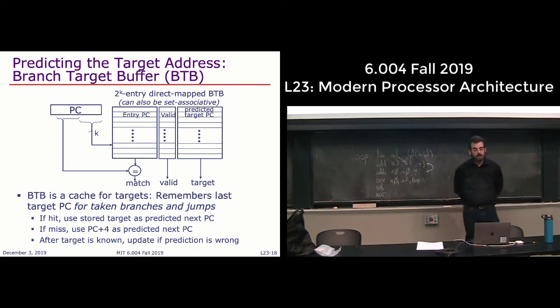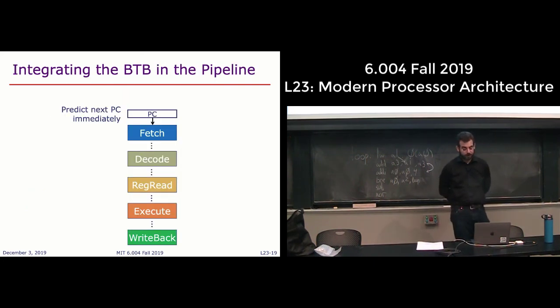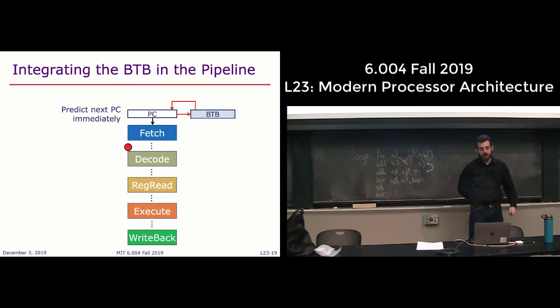So what's the idea? As the processor runs through the program, it's going to insert the target PCs for all the taken branches and jumps into this little table. And then we'll be able to redirect control flow immediately. Here's how it works. You have the BTB right here at the top of the pipeline. You update the PC and perform a prediction every cycle.